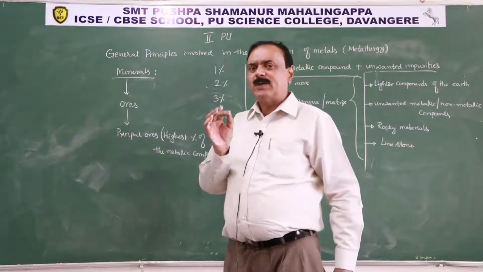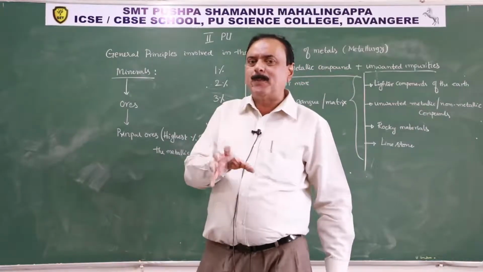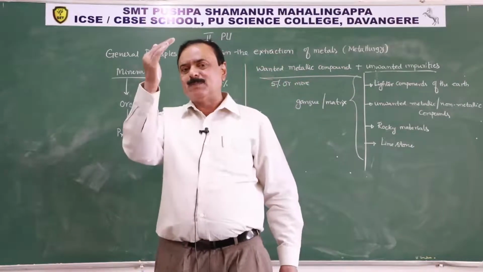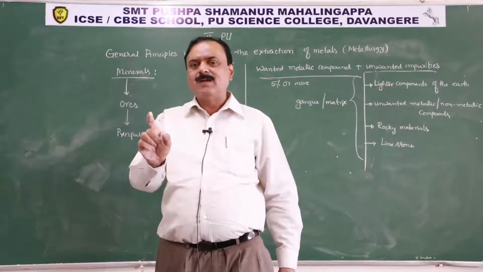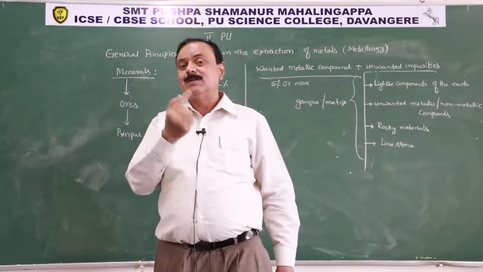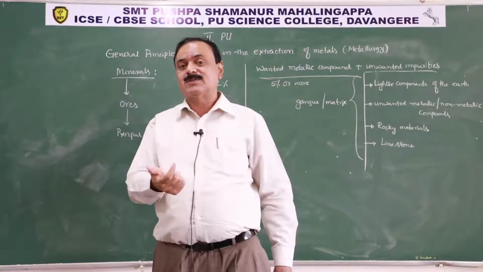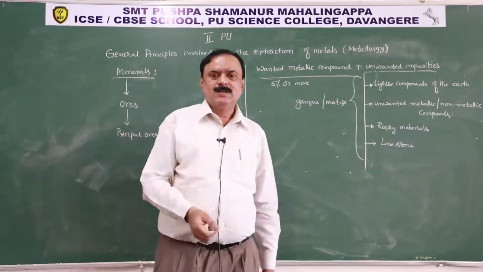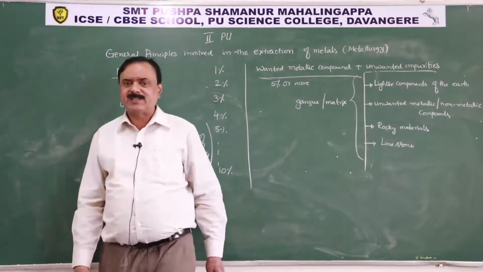Therefore, if a compound is an ore, first it must be a mineral. That is why all ores are minerals, but all minerals are not ores. Is it clear? This is very important, the definitions of the terms.